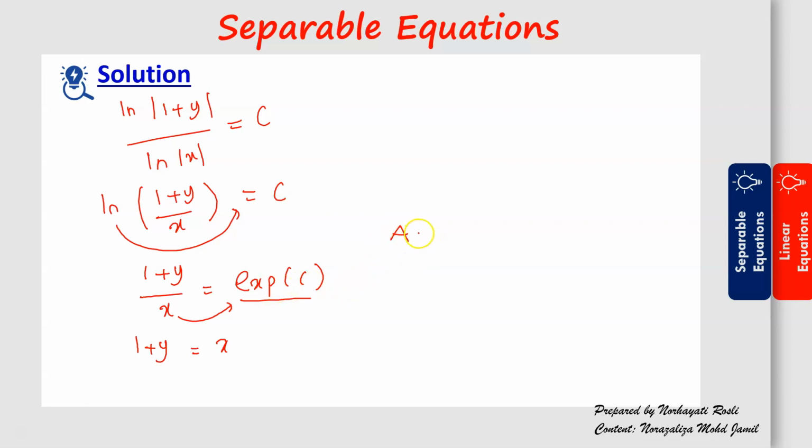Let's say a equal to exponential of c. So I have a times x, and then the 1 moved to this side, I have y equal to ax minus 1. So this is our final answer for this solution. That means for this ordinary differential equation, by using the separable method, y is given by ax minus 1.